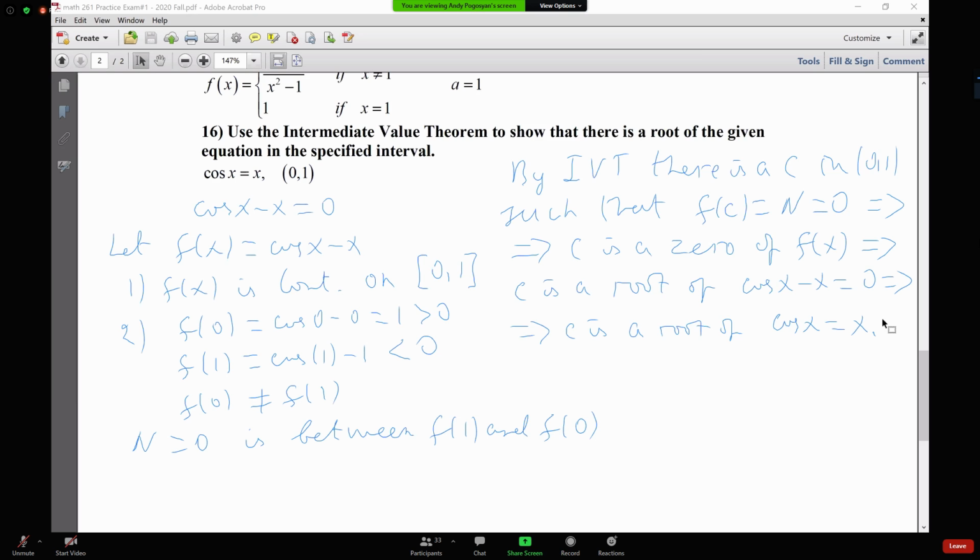What is n equals 0? Like, what is n? If you go to the theorem, the intermediate value theorem says if n is between f of a and f of b, then there is a C. n is any number between them, but in this case, 0. So let's say this is f of a, this is f of b, and n is between them.